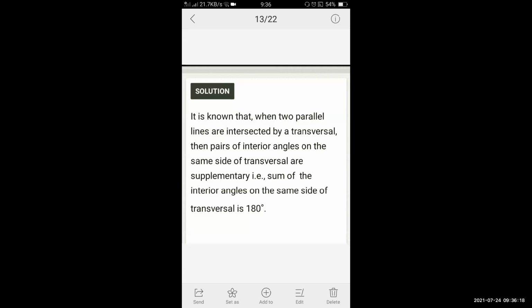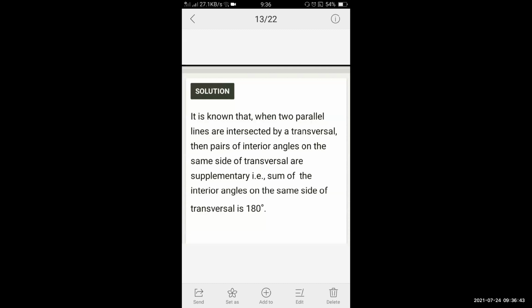Now at the time of writing the solution for an MCQ, there is no need to write the solution. The question only asks you to select the correct alternative. So as per the question, you have to only choose the correct option.